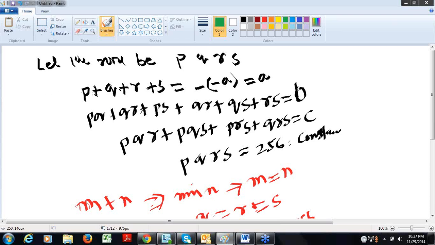So the sum of the roots, p plus q plus r plus s, will be minus into minus a, that is a.